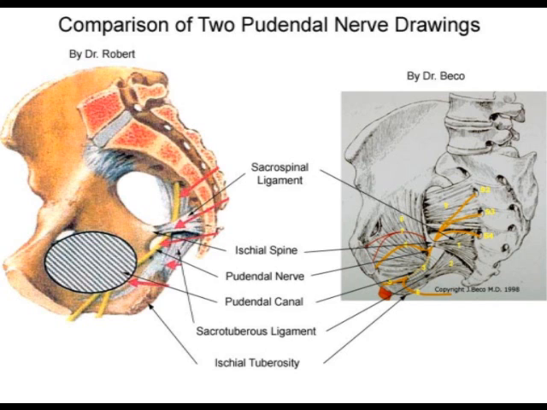And then it travels to the pudendal canal. I may have said before that the pudendal canal was in between the sacrotuberous and sacrospinous ligament, but it's actually a little bit past the intersection of the sacrospinous and sacrotuberous ligament. You can see the ischial tuberosity.